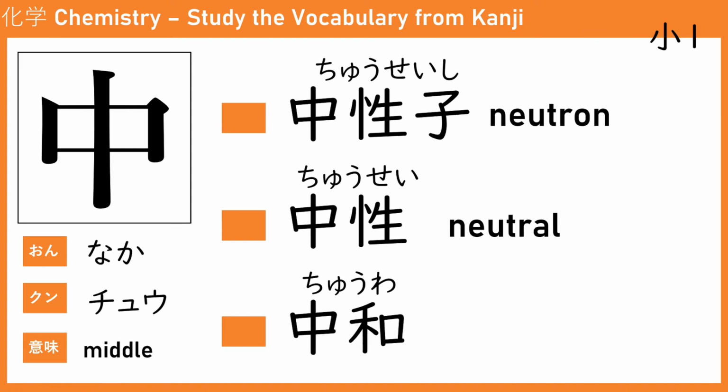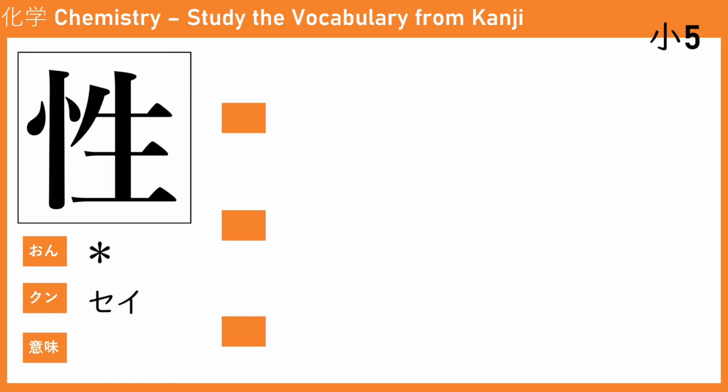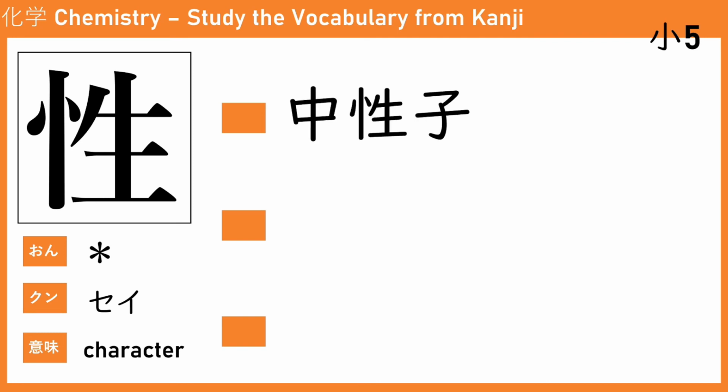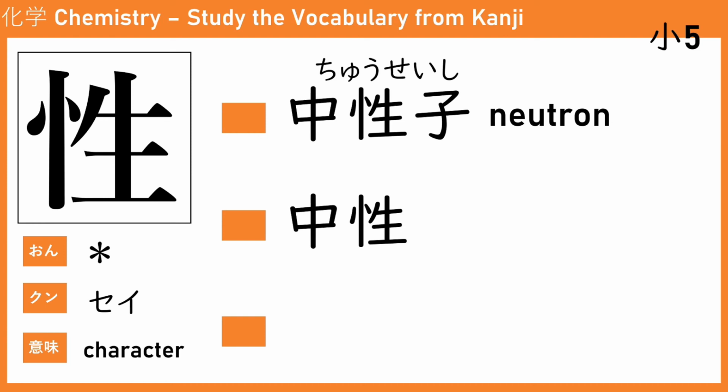So chuwa means neutralization. If you put base into acid, you have chuwa reaction, neutralization reaction. Okay. So this one is sei. Sei means character. Chuseishi means neutron, and chusei means neutral.